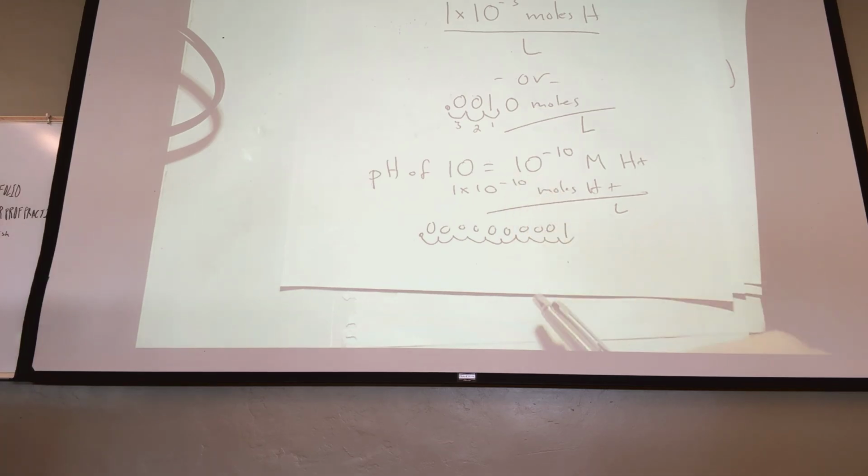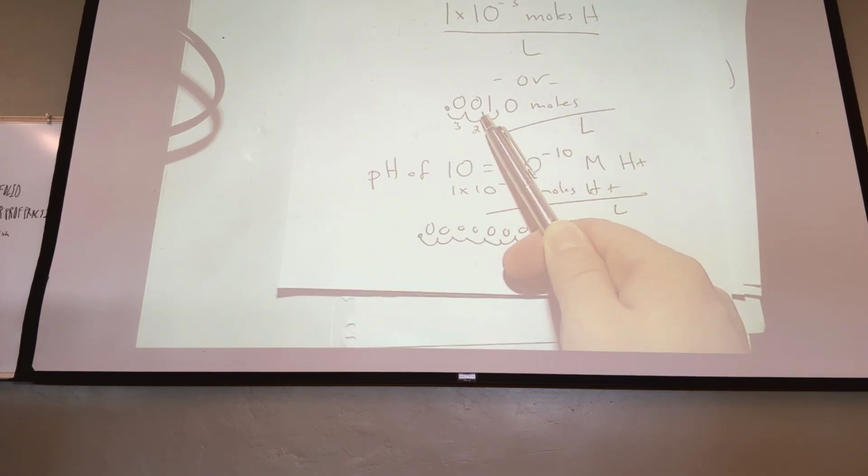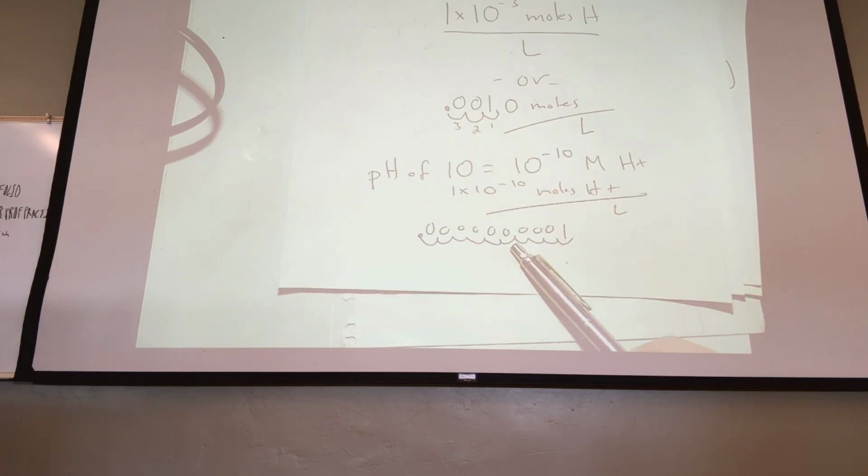Do you see here why a high pH has a lower concentration? This number right here is smaller than this number. I think we can all accept that. So a higher pH means a lower concentration of hydrogen ions.